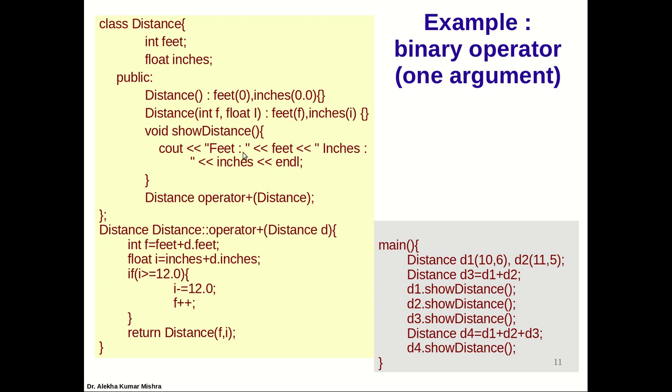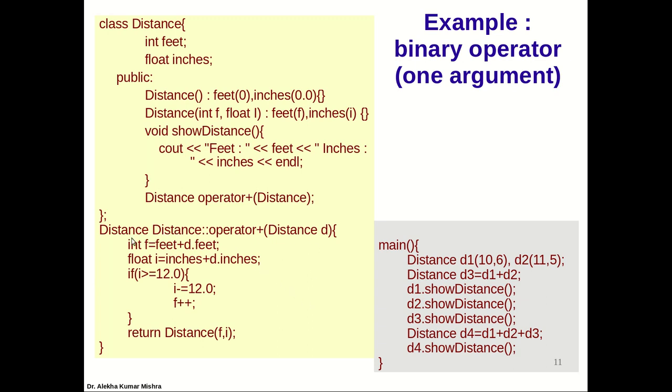Then there is the show distance function to print the distance in feet and inches format, which we have already defined. Now here is the declaration, the prototype of the member operator function. Because it returns a distance, the return type has to be distance, then operator plus, taking the second object as an argument. So here is the complete definition of the function.